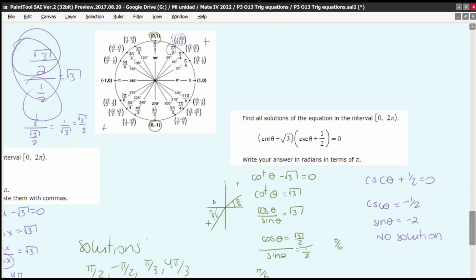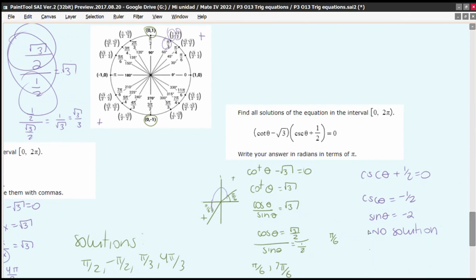Excuse me for my ugly drawing. So this angle is half a spin plus pi 6. That is, 7 pi 6. So my other solution is 7 pi 6. So all my solutions are just pi 6 and 7 pi 6.